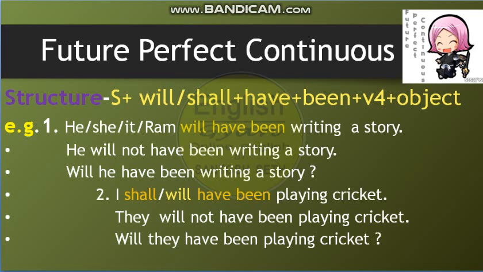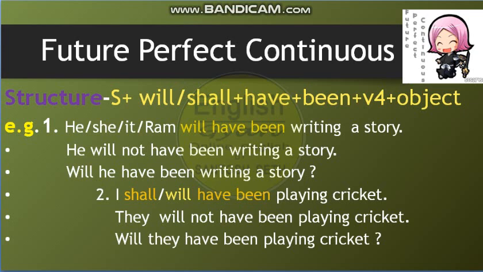So today we have learned future simple, future continuous, future perfect, and future perfect continuous. One more interesting fact: we are doing active voice. In active voice we have up to now learned simple present, present continuous, present perfect continuous. Similarly past and future also.